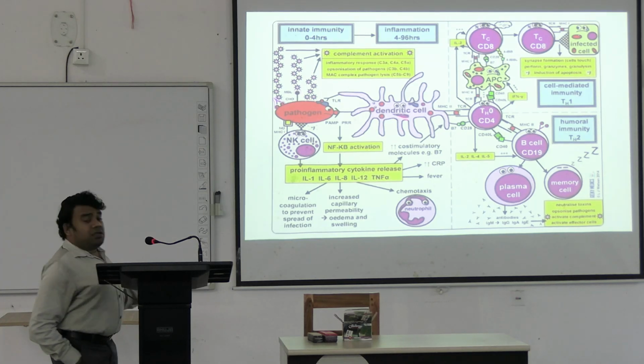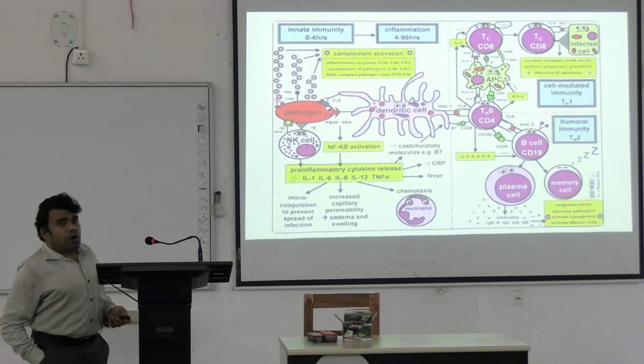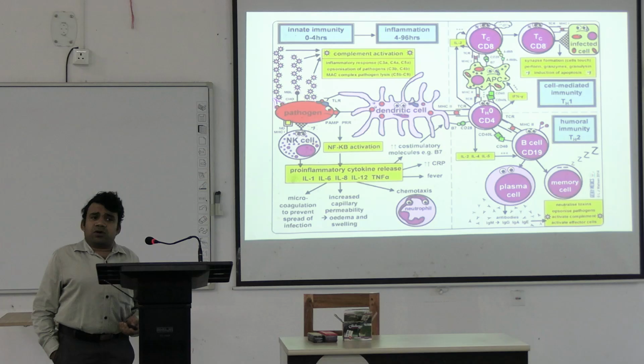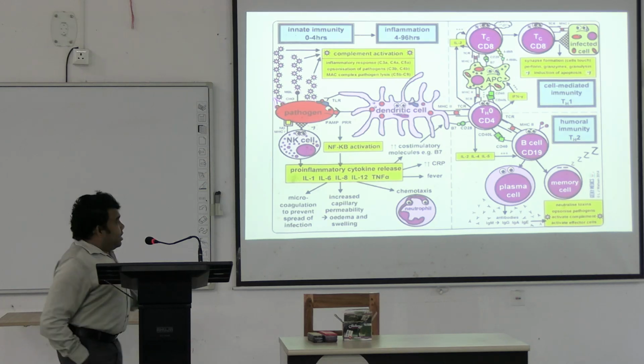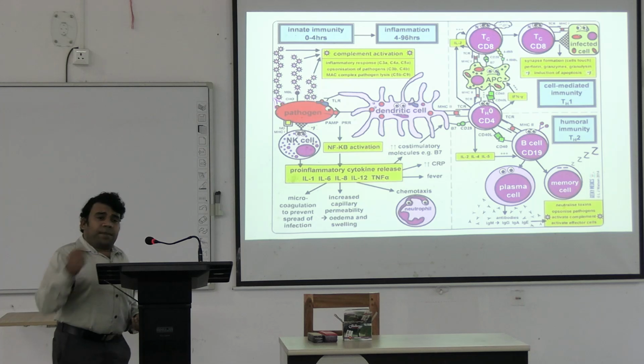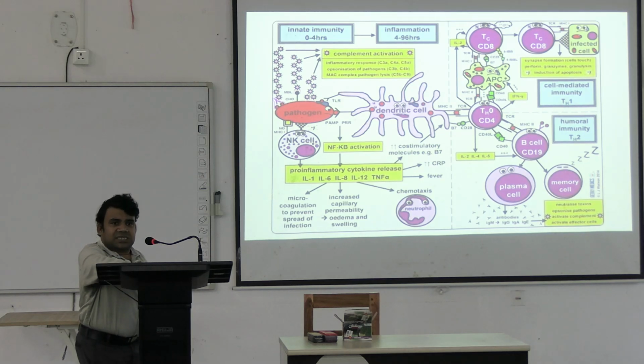This will trigger the macrophages, which could be blood monocytes or tissue macrophages, and they will try to get rid of the pathogen by phagocytosis. Again, these macrophages will present the various antigens after the pathogen is destroyed to a particular type of cell called dendritic cells. These dendritic cells are also called antigen presenting cells.